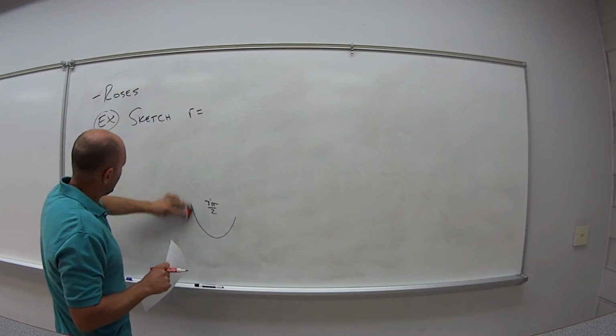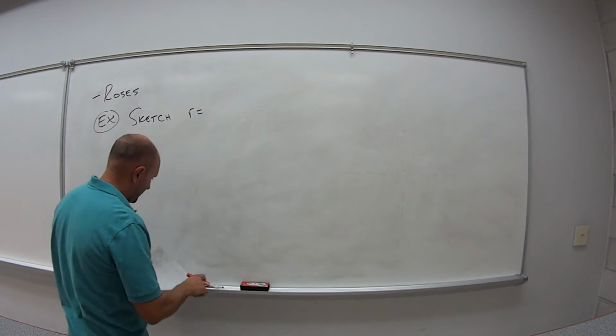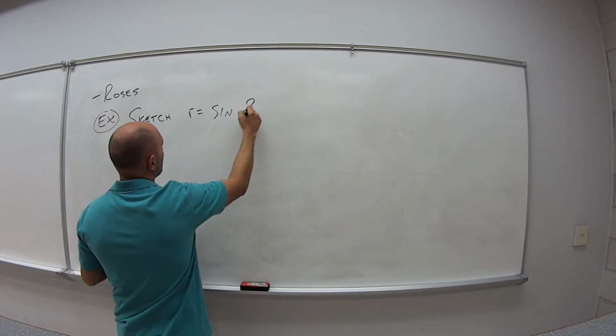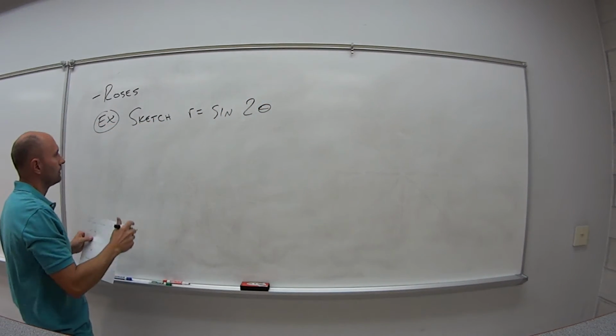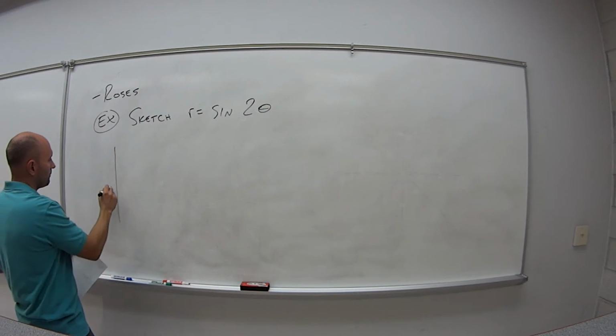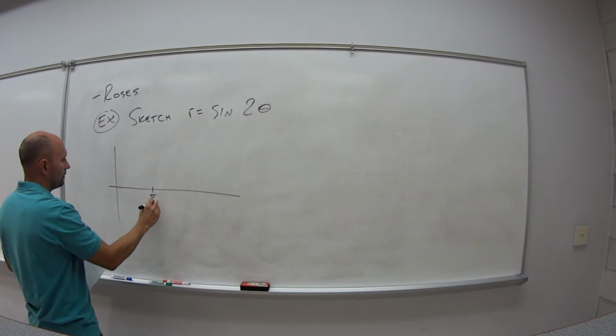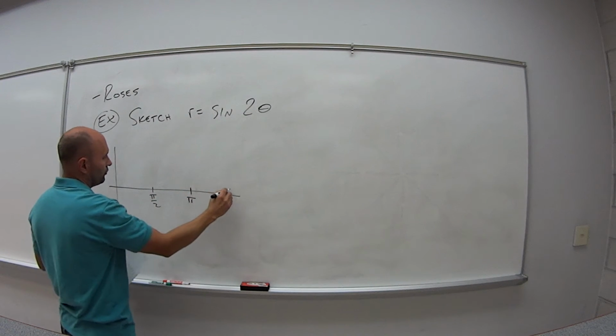So what we're going to look at now, we want to sketch r is equal to sine of 2 theta. Again, if I draw my sine curve, this 2 means that it's shortened up so that the period is just pi.